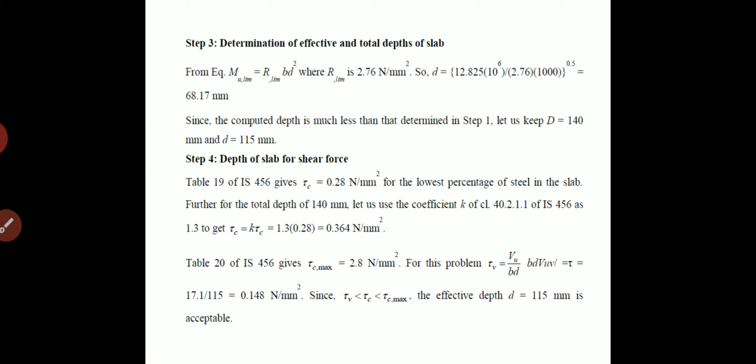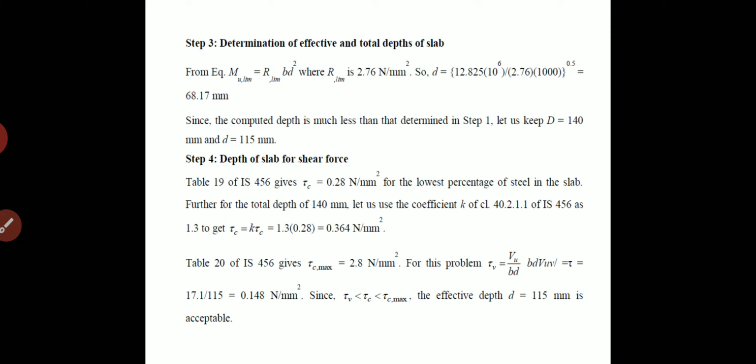This value we calculate from table 19, from these two values, percentage of steel and grade of concrete, which is given in the question, for the lowest percentage of steel in the slab.